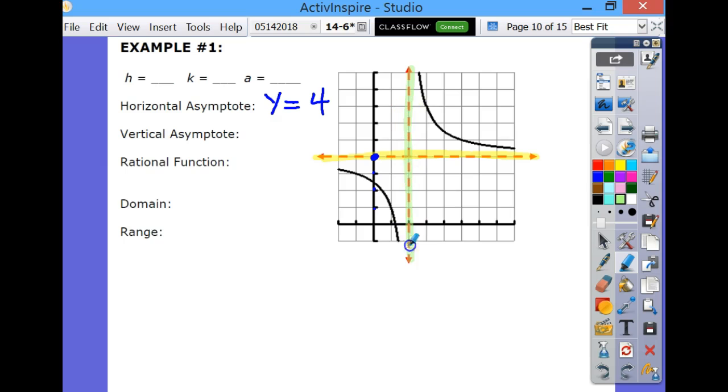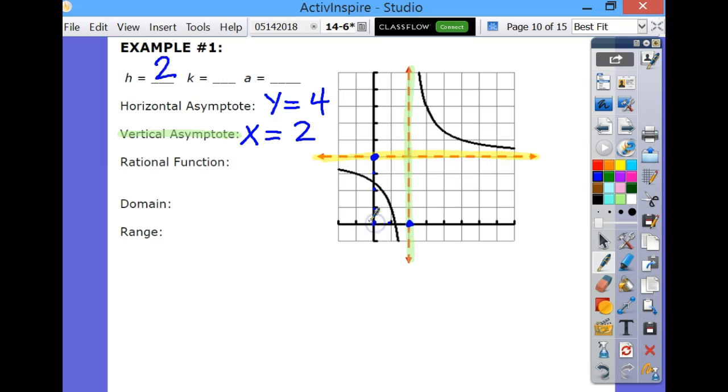This is the vertical asymptote. Where does the vertical asymptote cross the axis? It crosses the x-axis, so it is x equals 2. Now the parent graph had the asymptote here, and this has been moved over 2.